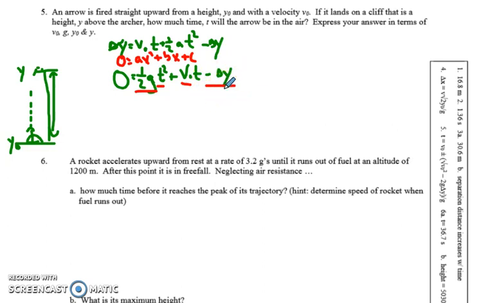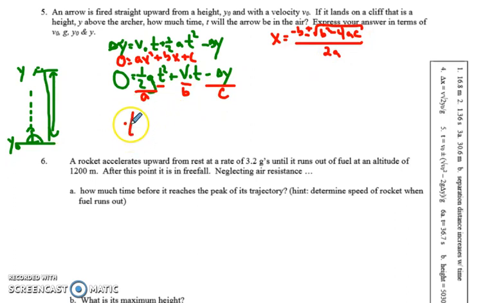And so if you think of the quadratic formula, x is equal to minus b plus or minus the square root of b squared minus 4ac, all over 2a, what we can do is plug in our b, our a, and our c.